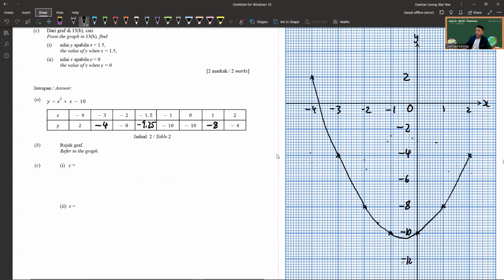Then based on the graph for part C, y when x is 1.5, so we look for x value of 1.5, match to the curve, then go to the vertical axis is about -6. Slight difference is fine, huh?